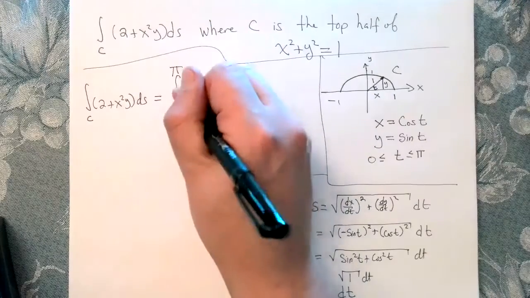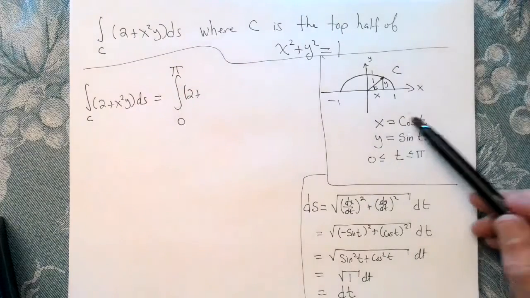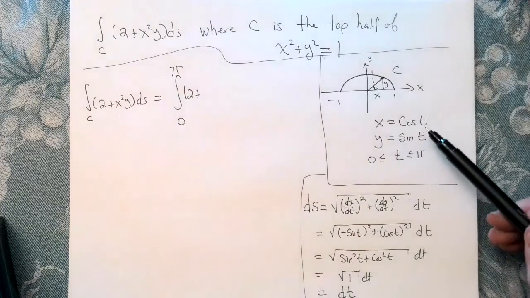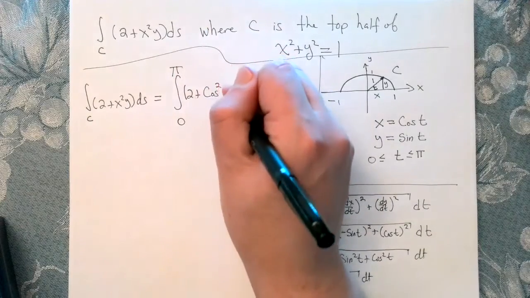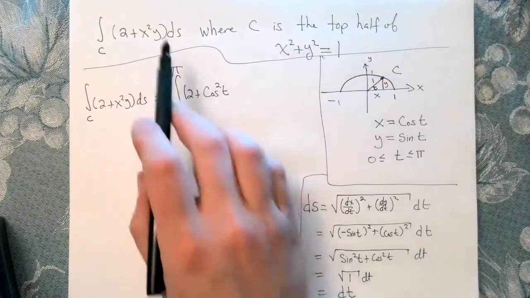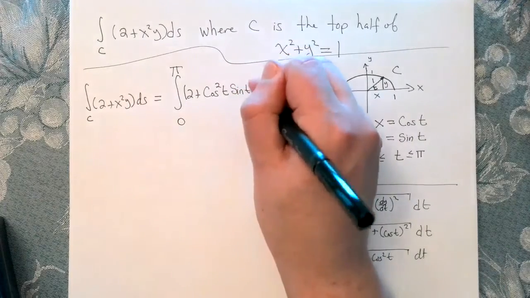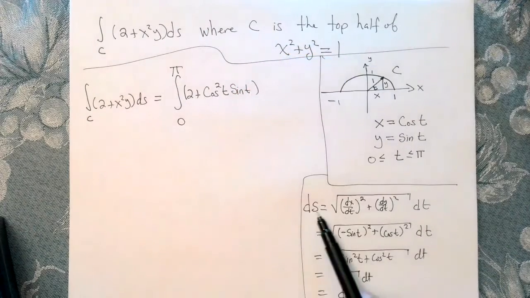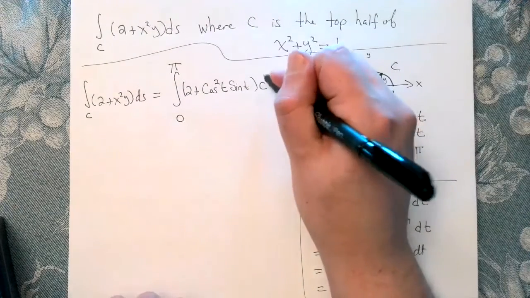And then we need 2 plus, now we need to take x, which is cosine of t, and square that. So that's going to be cosine squared of t. And then we need to multiply that by y, but y is exactly sine of t. And ds, we calculated ds to be exactly dt right here. So that's dt.